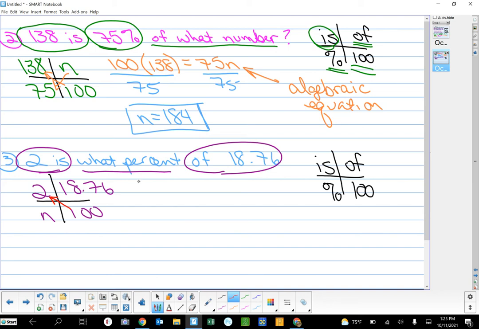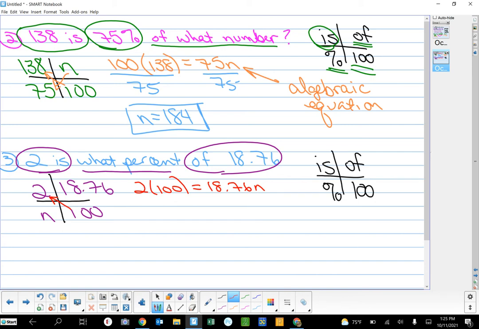All right, 2 times 100 is equal to 1876 times n. That's going to be your algebraic equation.